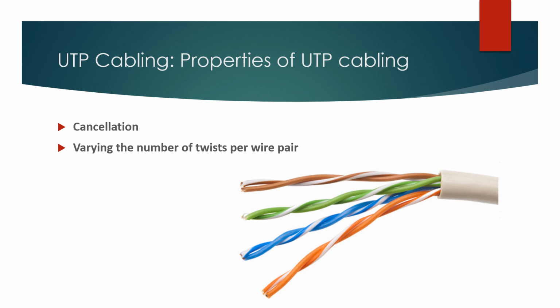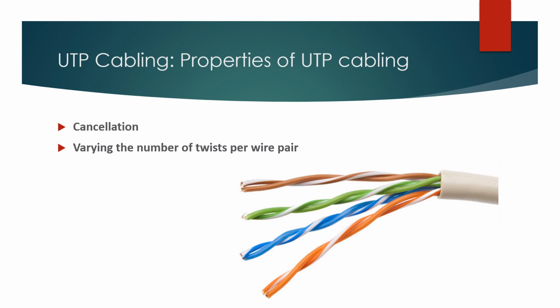UTP cable must follow the precise specification governing how many twists or braids are permitted per meter of cable, or per 3.28 feet per cable.